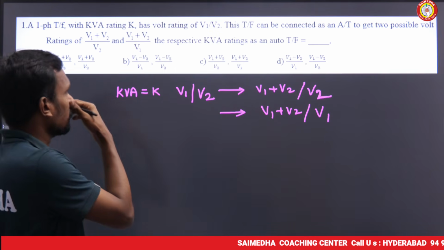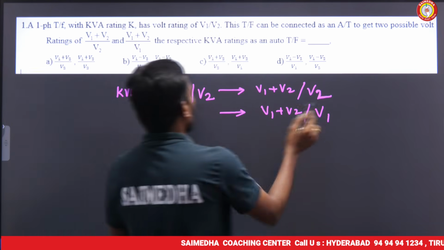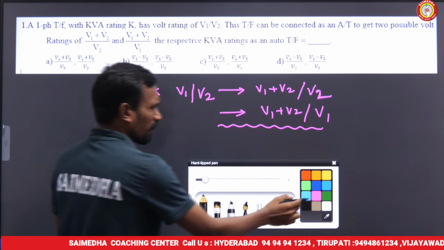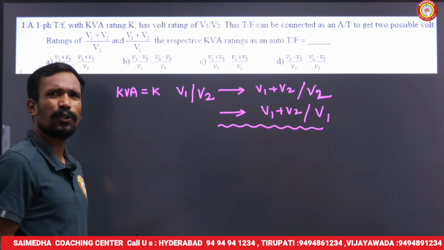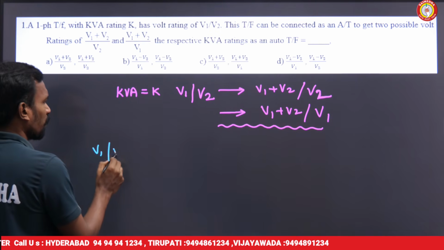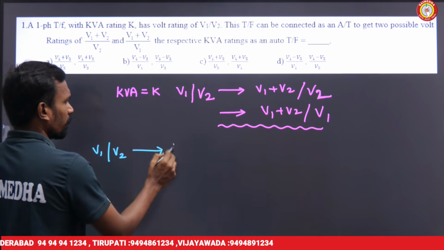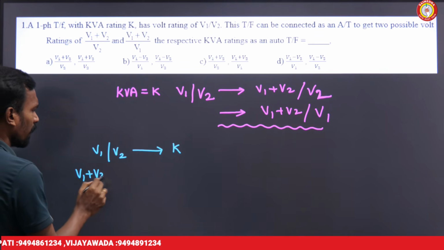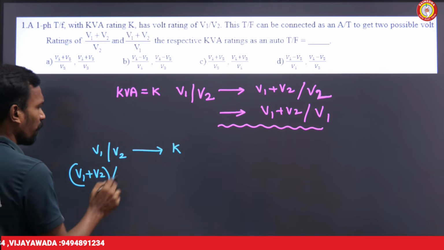I want the KVA ratings of these two auto transformers. We discussed a few simple tricks for this. Initially, the two winding transformer rating is K, but now the auto transformer ratio is (V1 plus V2) by V2.